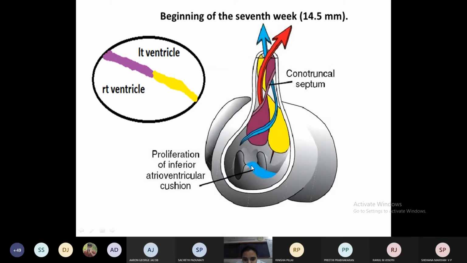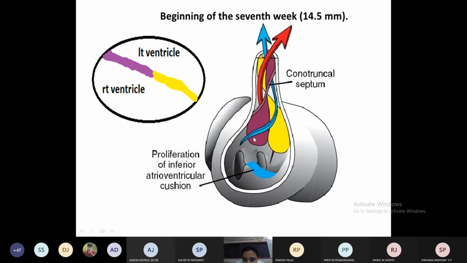One is the proliferation of the endocardial cushion, the septum intermedium. The proliferation of the septum intermedium downwards, and these are the bulbar ridges, right and left bulbar ridges. The purple and yellow colored walls are the bulbar ridges. They grow downwards and get attached to this muscular part.